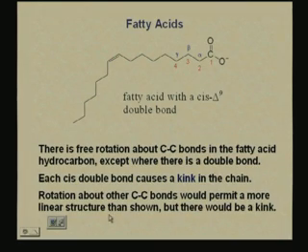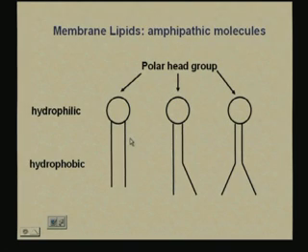So, I have a kink in the structure due to the fact that I have double bonds in the hydrocarbon chain. Okay. When we have these membrane lipids, this is something we are going to study in detail later on. These are my fatty acid chains.